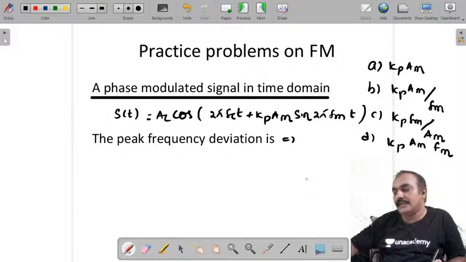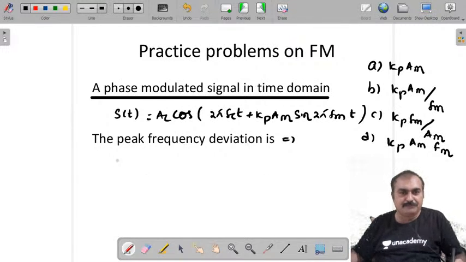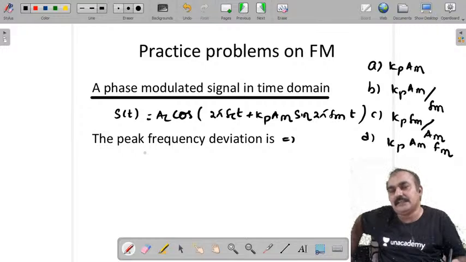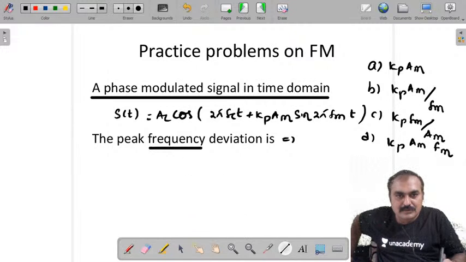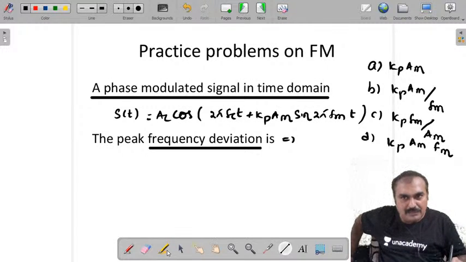Now he is asking for the peak frequency deviation, not phase deviation, sorry. What we have to do? What is the formula, my dear students?